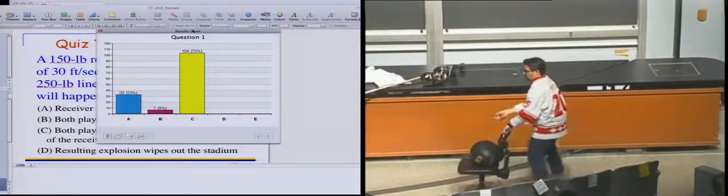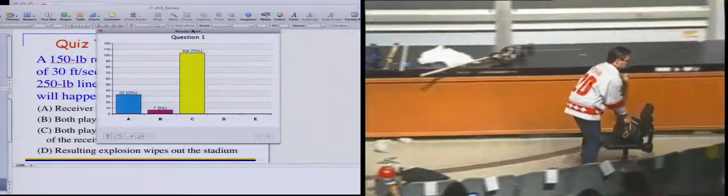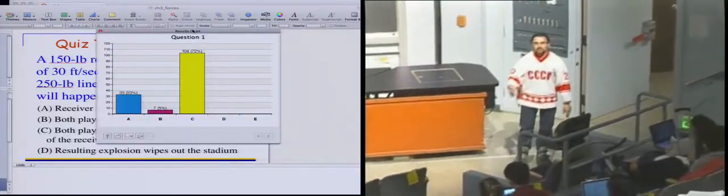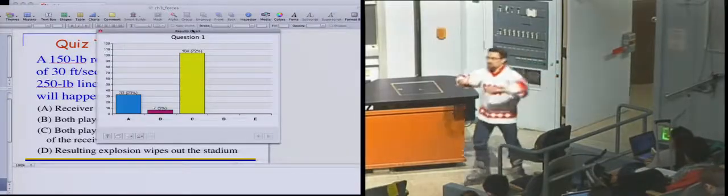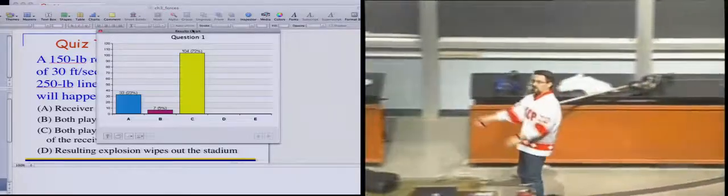Suppose this is the defender, well, maybe a little bit heavier, and I'm running at it with high speed. We collide. After the collision, we both move in the same direction with smaller speed, because now our combined mass is moving. So the total momentum is conserved, but we still keep moving in the same direction.